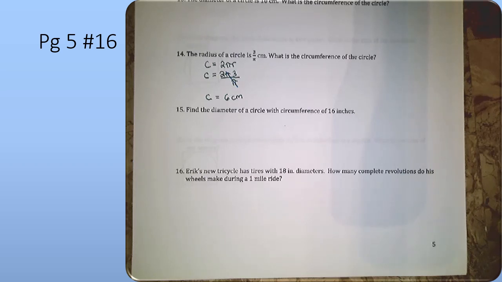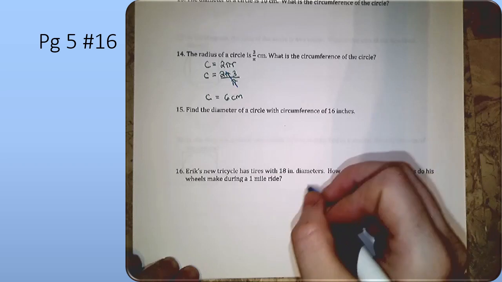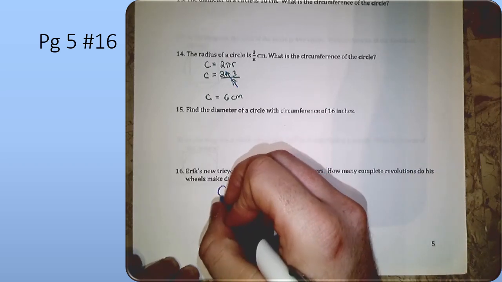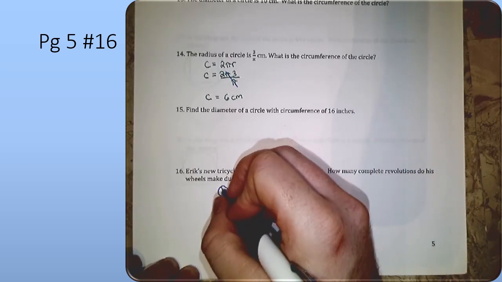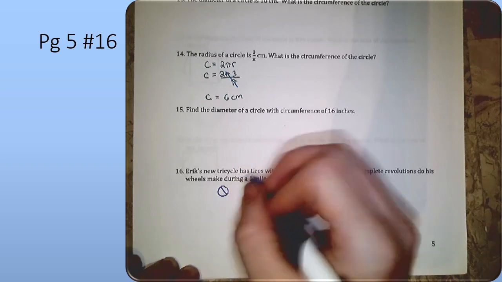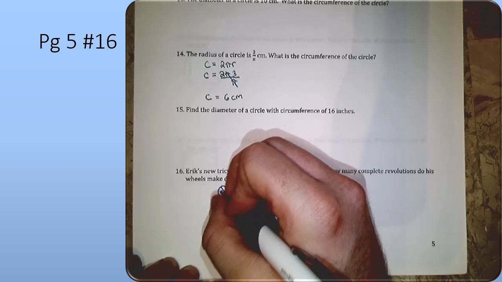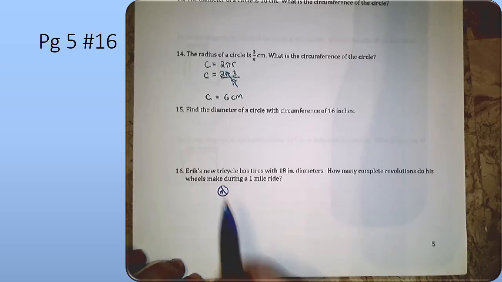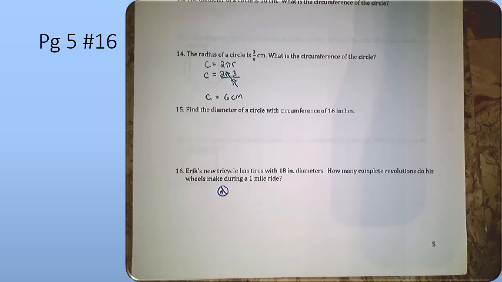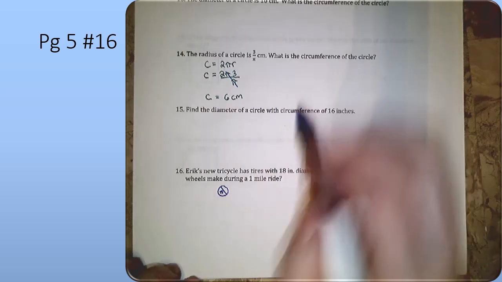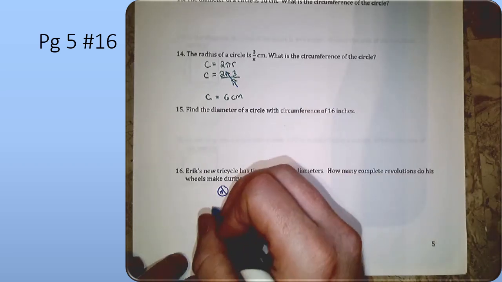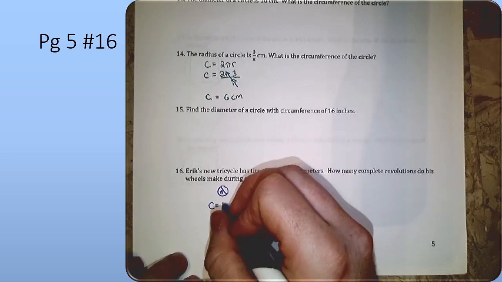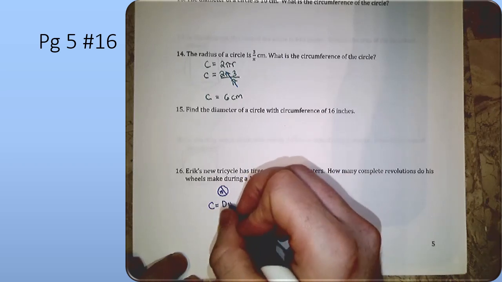Now, remember that a diameter is if you have a circle and you go across the full length. So the full length would be 18 inches. Since they gave me the diameter, I'm going to use the formula that we did above, c equals the diameter times pi.